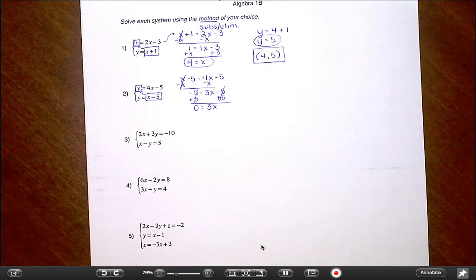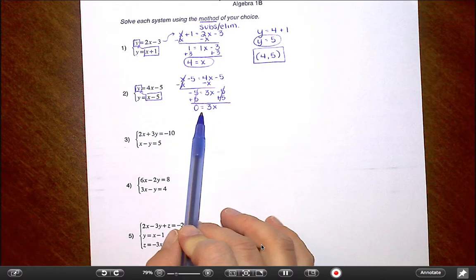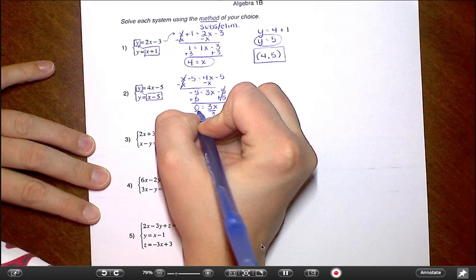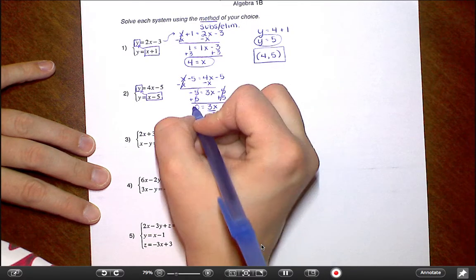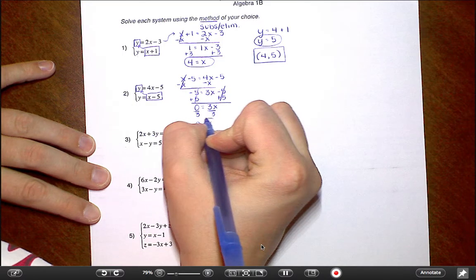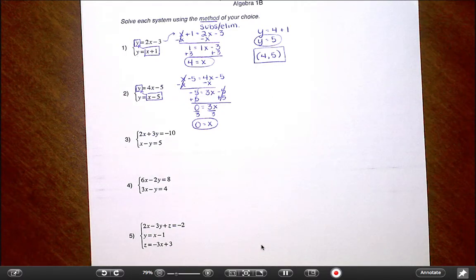Now, don't get carried away thinking that that means it's no solution or anything like that. 0 is a number just like anything else. So the next thing I would do is divide by 3. 0 divided by 3 is 0, so I get 0 as my x value. Perfectly valid answer there.